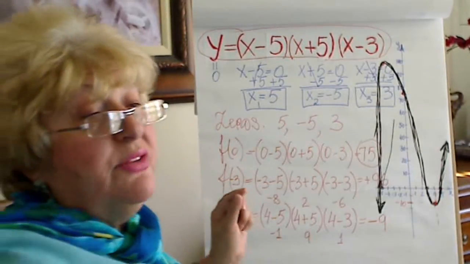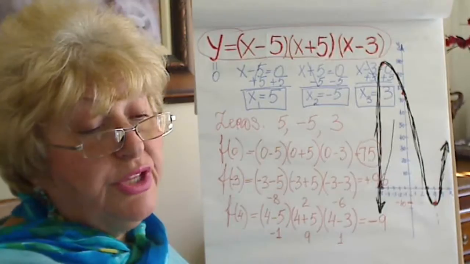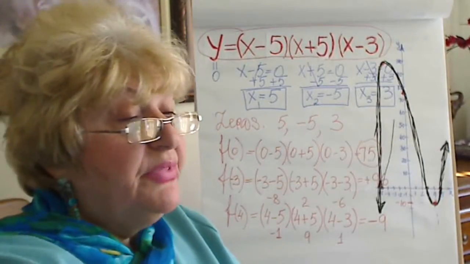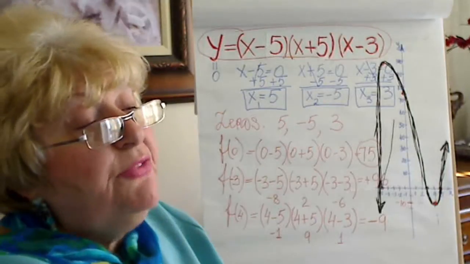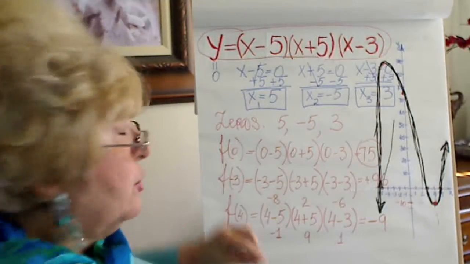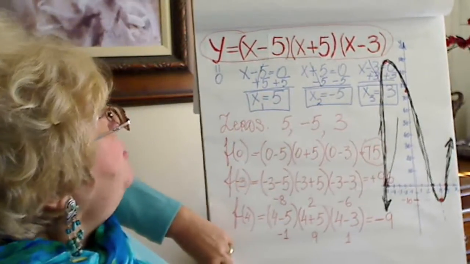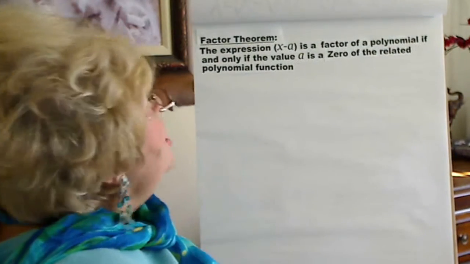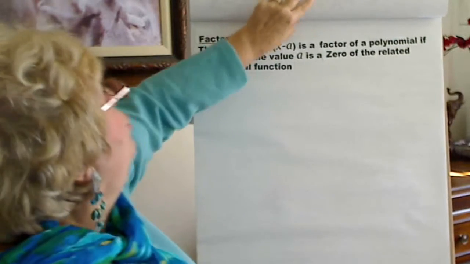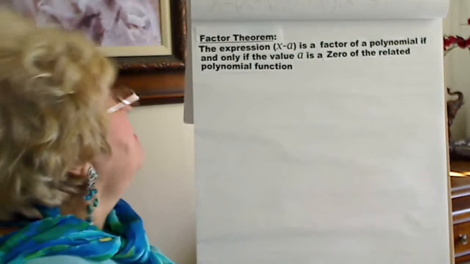And the third question that we will cover today is how to write a polynomial function from zeros. And before we talk about this, we need to learn the factor theorem.